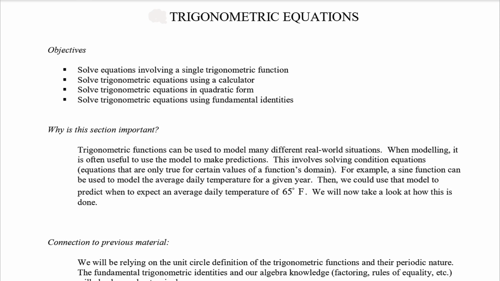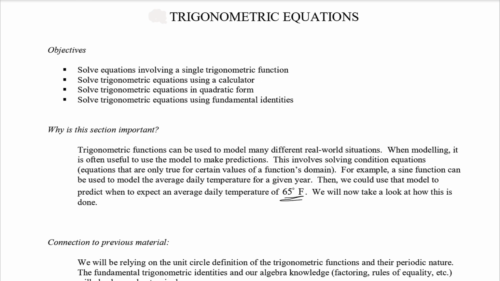Let's say you have a sinusoidal model for the average daily temperature in a particular region of the world. And let's say you're curious, you use that model, and you ask, when would be the next time I can expect the average temperature to be 65 degrees Fahrenheit?